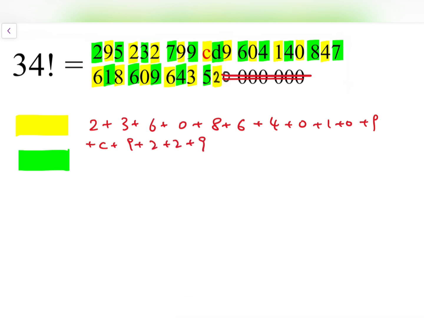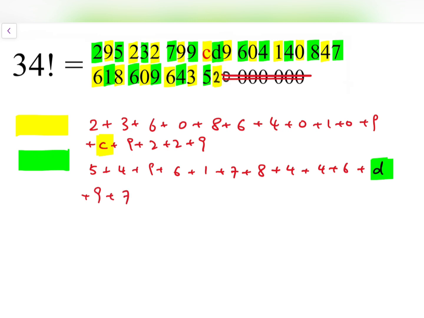While for the green group, we have 5, 4, 9, 6, 1, 7, 8, 4, 4, 6, D. We have unknown digits over here. 9, 7, 3, 5, and 2. And the sum of these two groups are 61 plus C for the yellow group and 80 plus D for the green group.